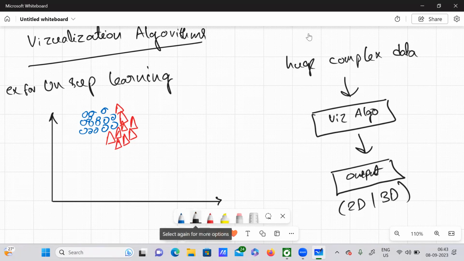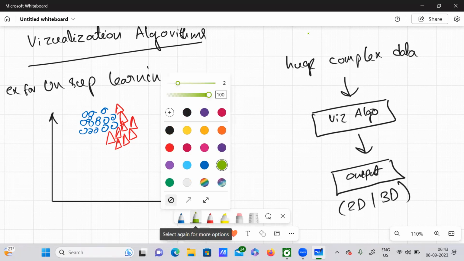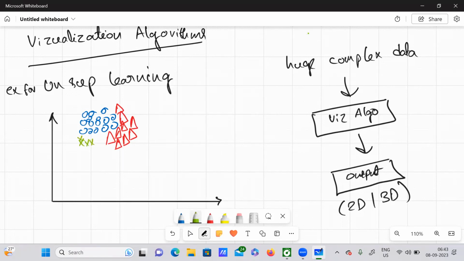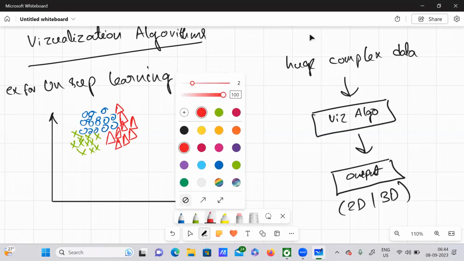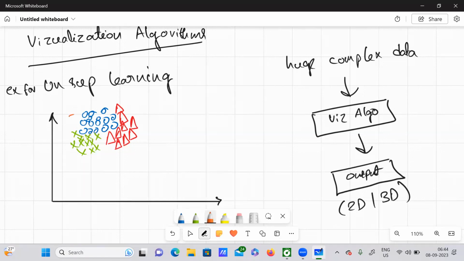And again, we have, and also we have, so likewise what I'm actually drawing is the data in which we have different categories.